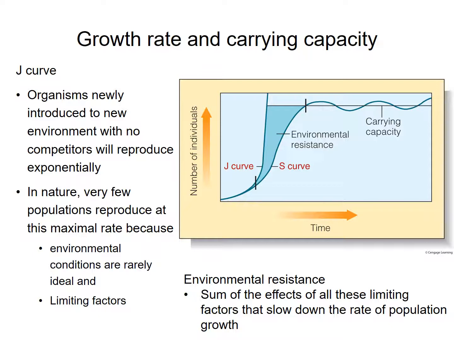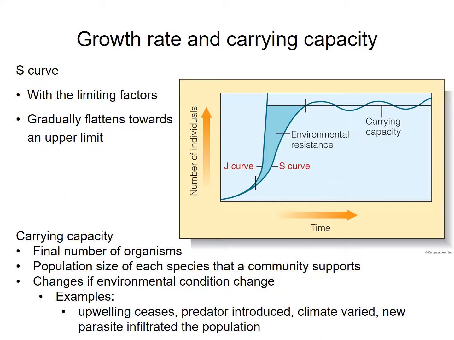And you can see in this diagram, the darker shaded area shows the J curve. The J curve is the steeper one of the curves. So this graph highlights the S curve, the other line to the right of the J curve.